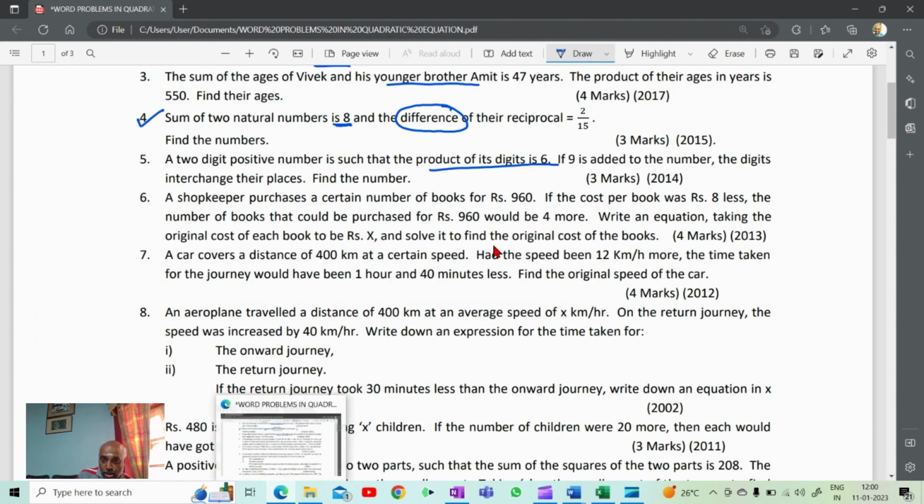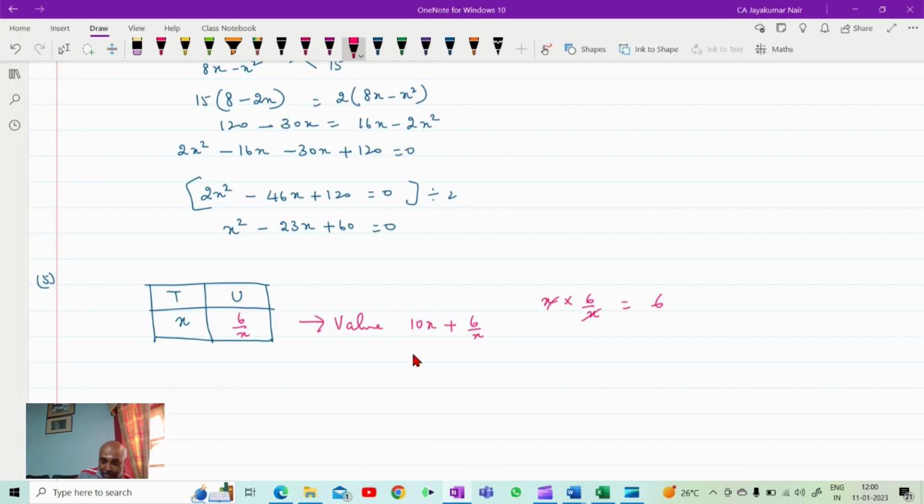Now, what are they saying? If you add 9 to the number, so to this number, if you add 9, what happens? The digits get reversed. What do we mean by the digits get reversed?